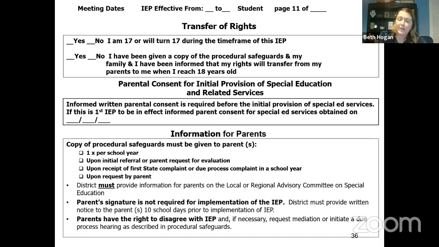Again, let me just remind you, there's no signing off or not signing off on an IEP. The IEP will go into effect in 10 school days unless a parent takes an action to stop that process. And that could be, as Anne said, calling a meeting or something along those lines. I think that's it.